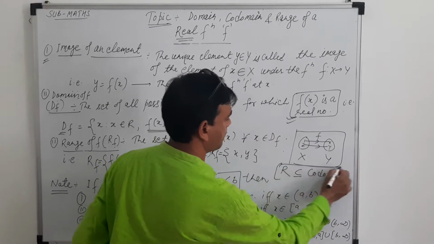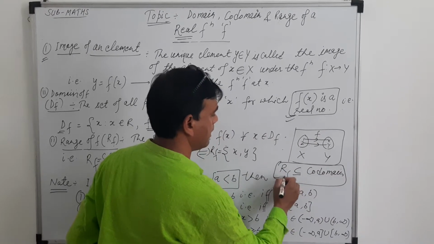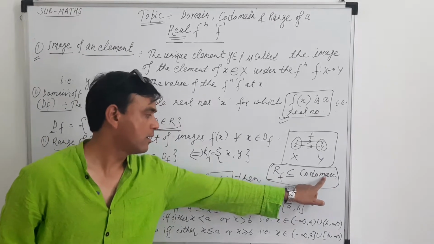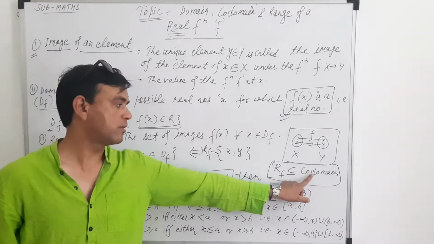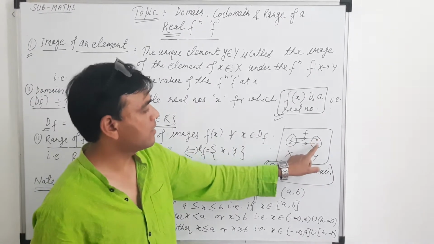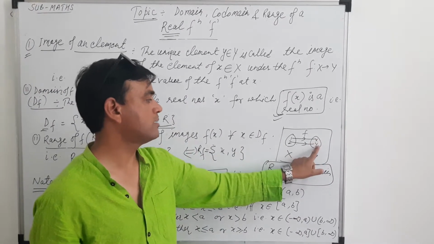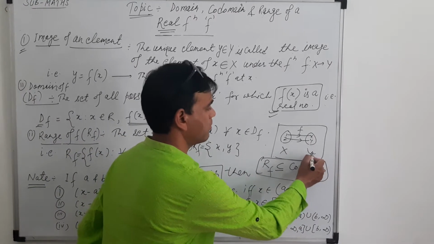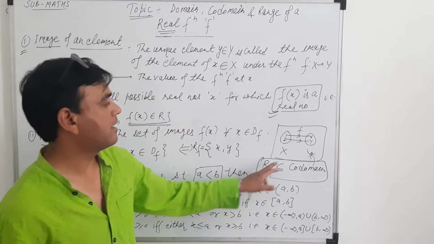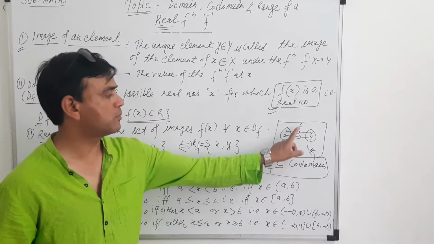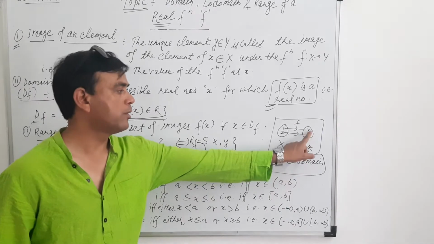It means the range of any function may be equal to the codomain or may be less than the codomain. Here you can say that the set of x and y is called the codomain. Here this set y is the codomain, and the range is also the set of x and y. So here you can say that the range of this function is equal to the codomain of this function.